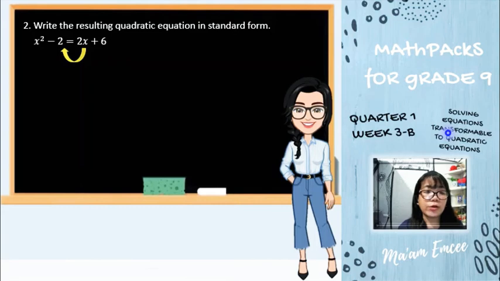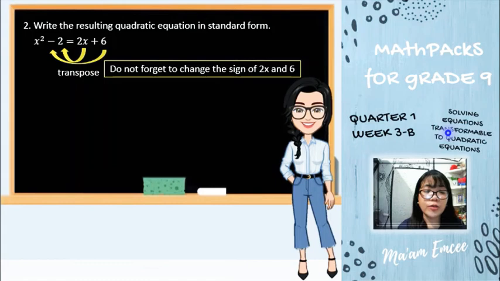In order to express this quadratic equation into standard form, we need to transpose 2x and 6 to the other side of the equation. And do not forget to change the sign of 2x and 6 when we transpose them. We can also use the other method of adding both sides of the equation by the additive inverse of 2x and 6, but if it is easier for you to use the transposing, then you can always use that one.